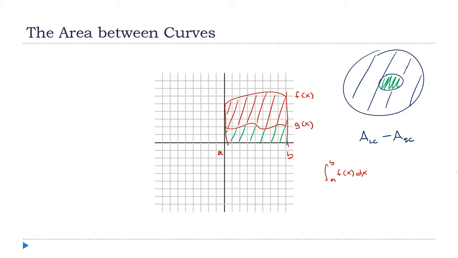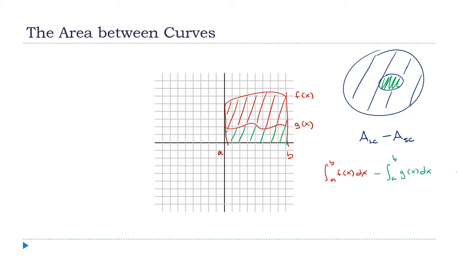All right, but how can I get rid of that? Well, I know what that area is. That's the area between g of x and the x-axis. So that green area is the integral from a to b of g of x dx. And if I subtract that out, I get the area between the two curves.